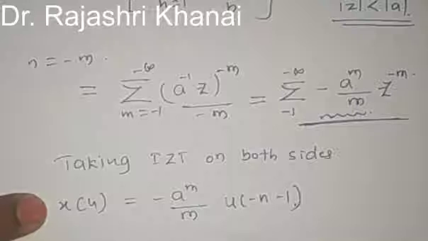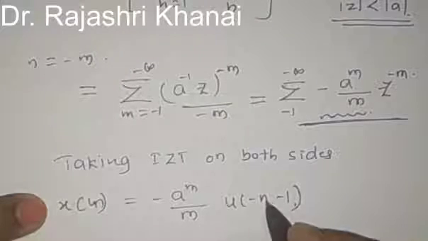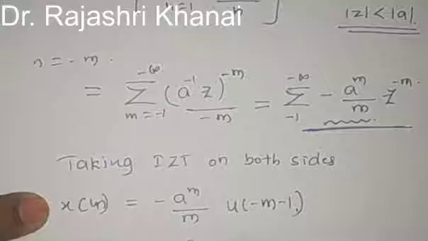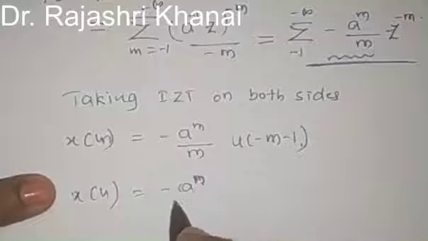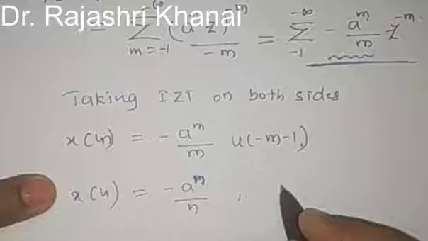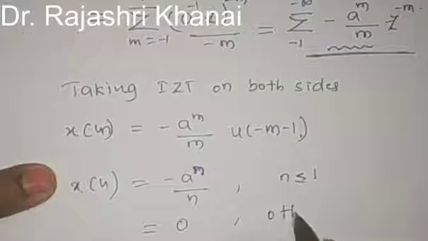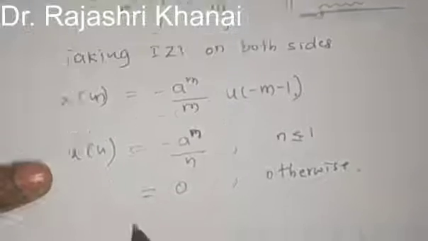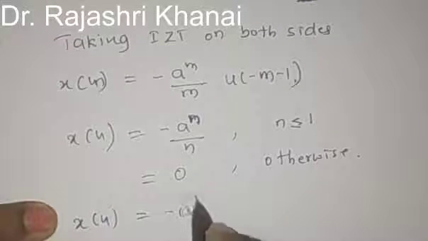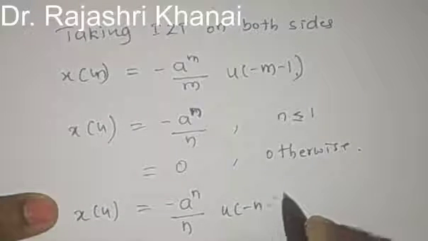Here it has to be m, so all m has been replaced by n, and I will write it as minus a raised to n divided by n, which is present for n less than or equal to minus 1, and it is 0 otherwise. Or I can write the same equation as minus a raised to n divided by n into u of minus n minus 1.